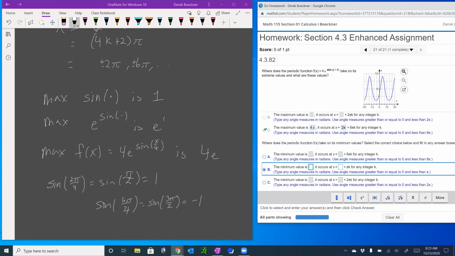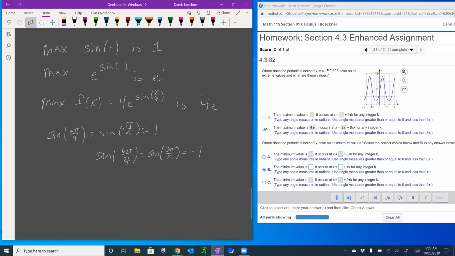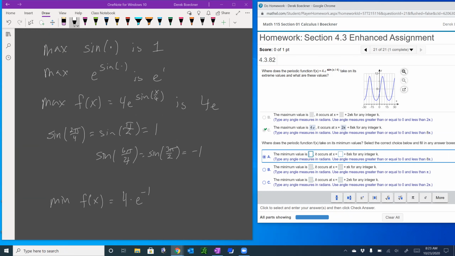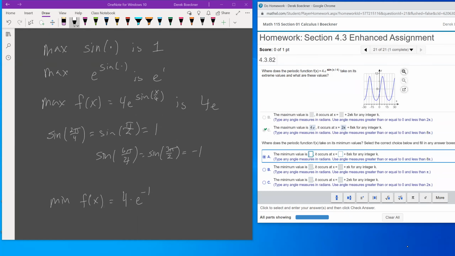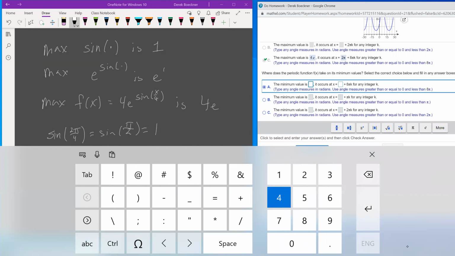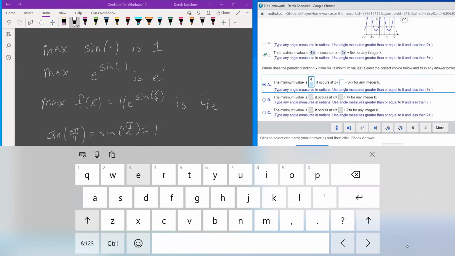The minimum of the sine is -1. So the minimum of f of x is 4 times e to the -1, because that's the smallest e to the power will be. So we'll put that in there. Which is the same thing as 4 divided by e.